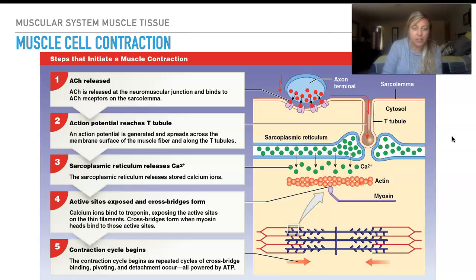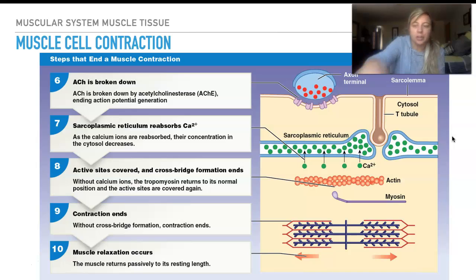So these 5 steps: the acetylcholine being released, the action potential going along the muscle cell, down the T-tubule, the calcium being released inside the muscle cell from the sarcoplasmic reticulum, calcium binding to troponin, troponin changing shape, myosin heads grabbing on, and that continues the contraction cycle.